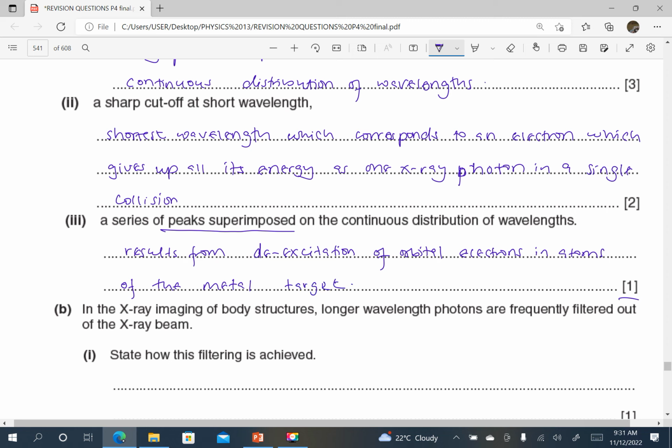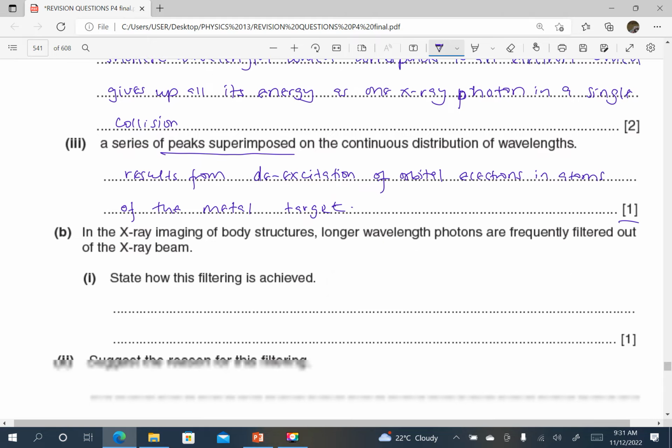When the atoms of the metal target undergo the excitation, they re-emit X-ray photons.